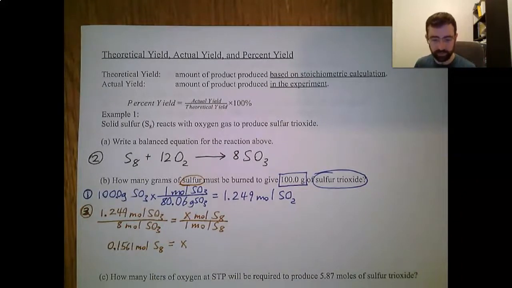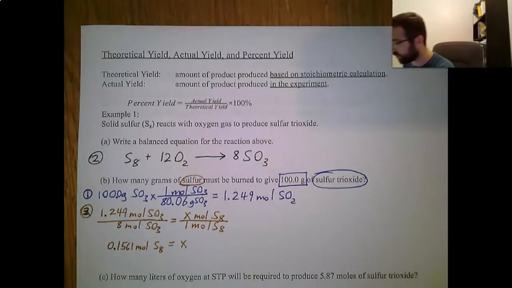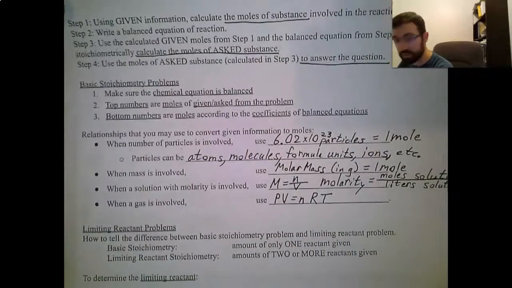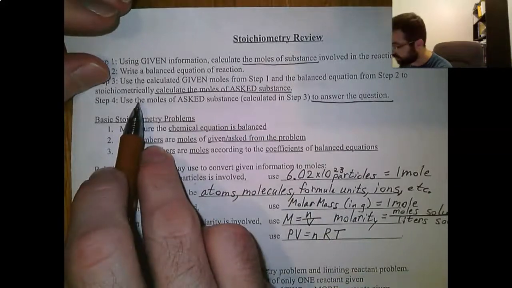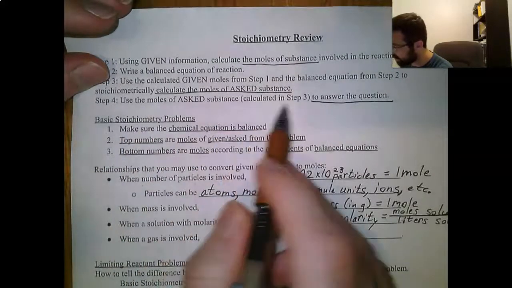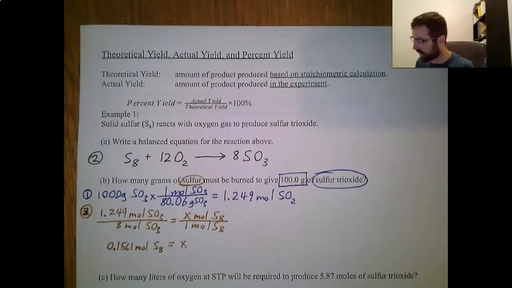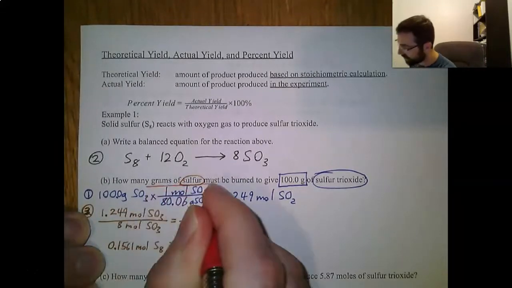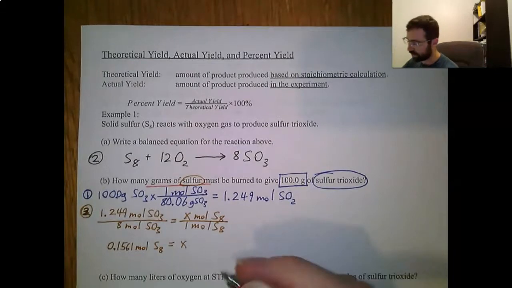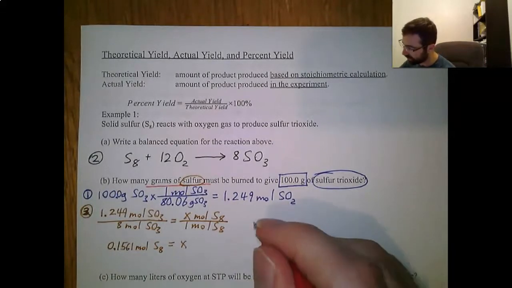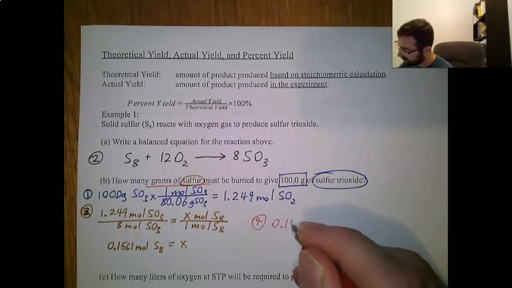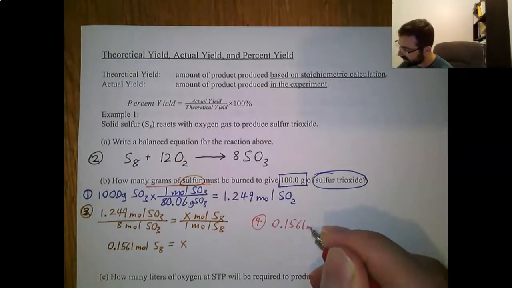What was step 4? Step 4 just says basically answer the problem. So step 4 is telling us we need to use the moles from step 3 to answer the question. Well, my question asks me not for moles of S8, but it asks me for grams of S8. So I need to convert it. We're going to do one more unit conversion in step 4. I have 0.1561 moles of S8.